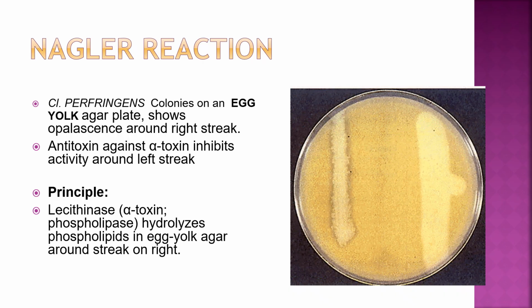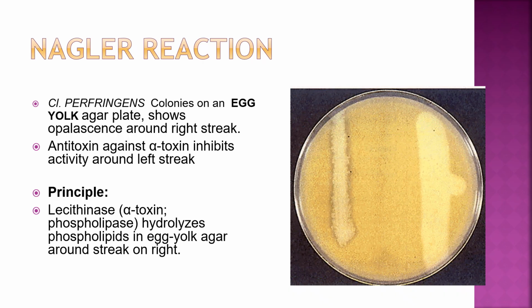In that, in egg yolk agar plate, to one half antitoxin is added and to the other half antitoxin is not added, and then streaking of the Clostridium perfringens colonies is done. In the half where the antitoxin is not added, you can see opalescence around the streak, and in the half where antitoxin is added, that antitoxin inhibits alpha toxin, and therefore you will not see opalescence around the streak.